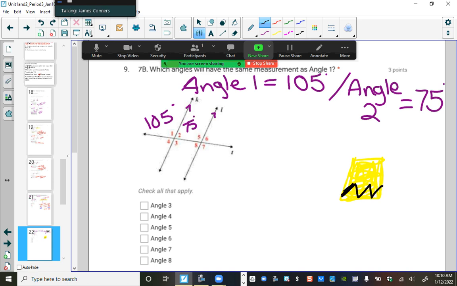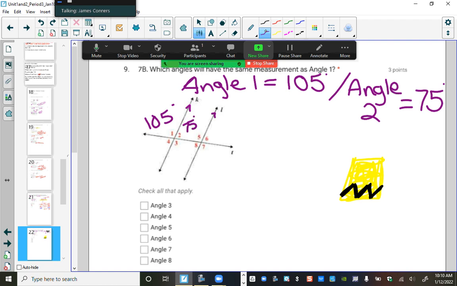So yeah, the Charlie Brown method. That's what I call it. He wears the zigzag t-shirt. So therefore, we go in a zigzag.